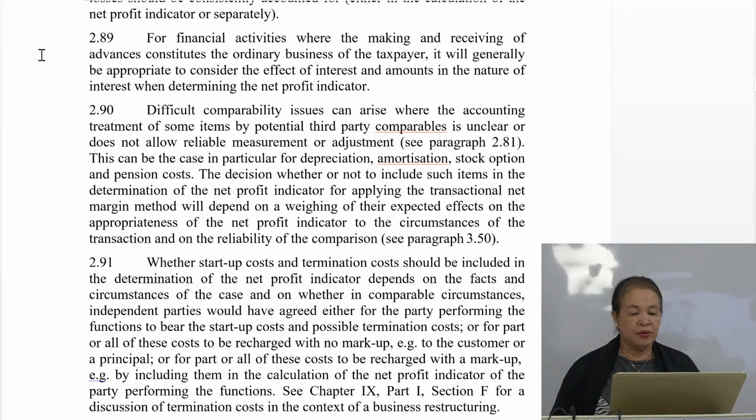So the decision whether or not to include such items in the determination of the net profit indicator for applying the transactional net margin method will depend on a weighing of their expected effects on the appropriateness of the net profit indicator to the circumstances of the transaction and on the reliability of the comparison. See paragraph 3.5.